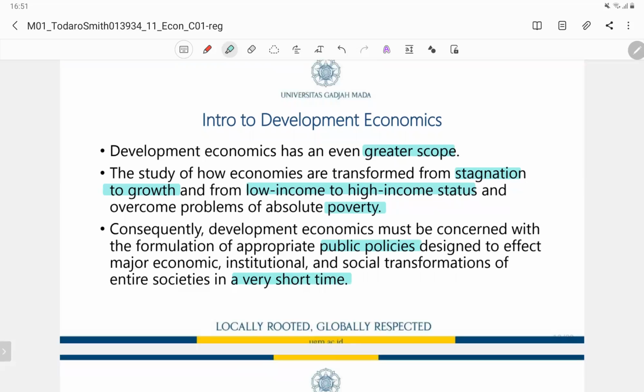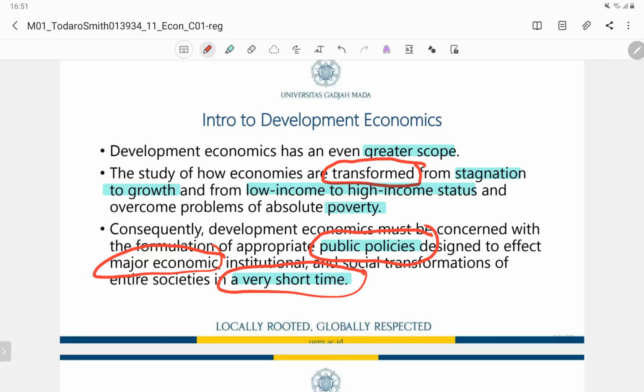Other than the focus on transformation, from stagnation to growth, from low income to high income, and from absolute poverty to better well-being, development economics is also concerned with public policy, because they expect a policy that has a positive effect on the major economics, yet in a very short time can show a real result.